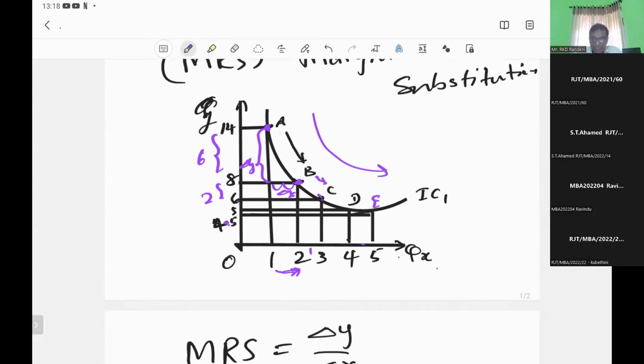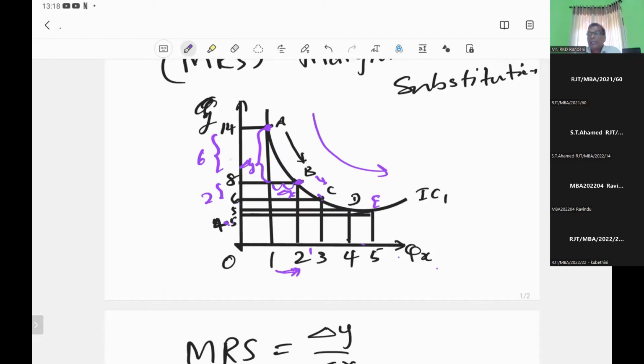At the very beginning, from A to B, he is ready to sacrifice more vegetables for 1 unit of X. But from B to C, he is not ready to sacrifice as much from vegetables. That is the reason.